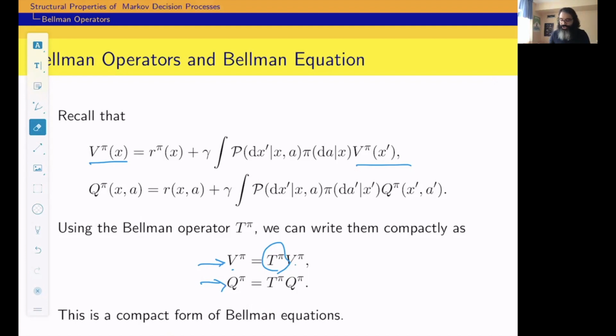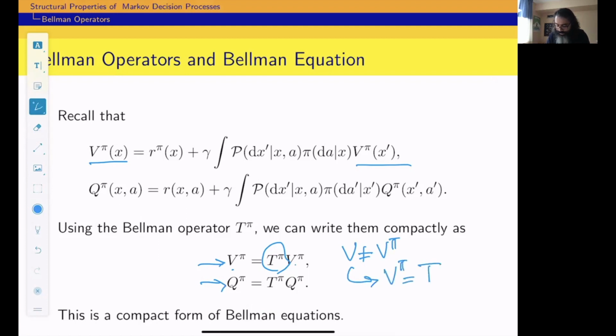If we apply it to some other thing, like if V is not equal to V pi, then we cannot say that V pi is equal to T pi of V. So in general, this is not true.